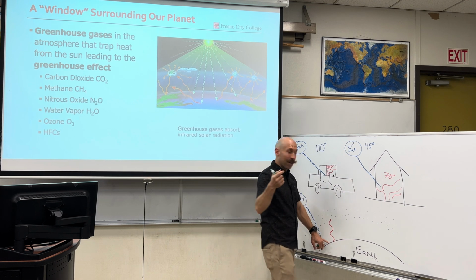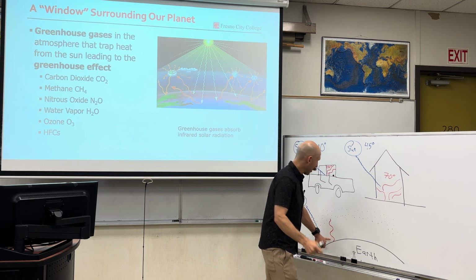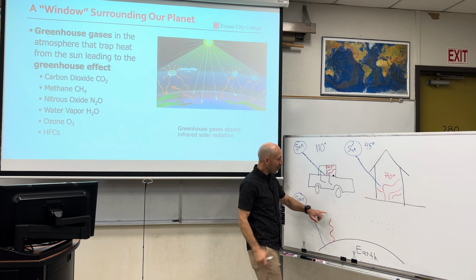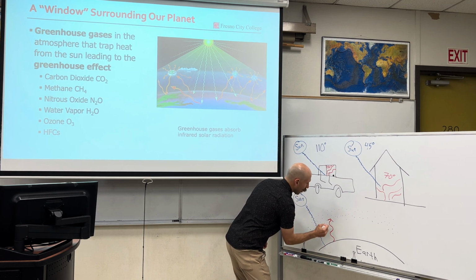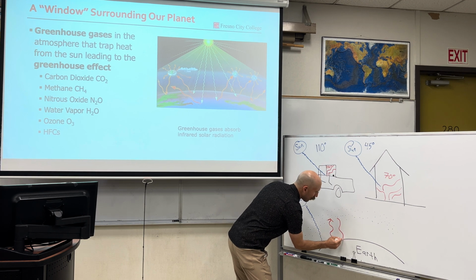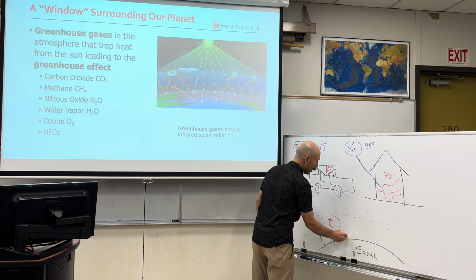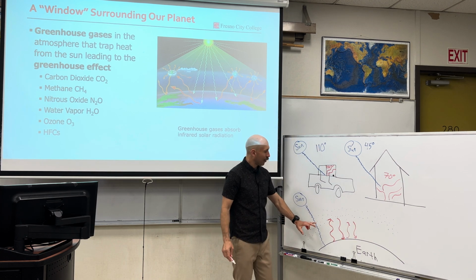Then that heat is re-emitted in the form of long-wave or infrared radiation, which travels back up. It interacts with greenhouse gases in the atmosphere and then is re-emitted back down to Earth.